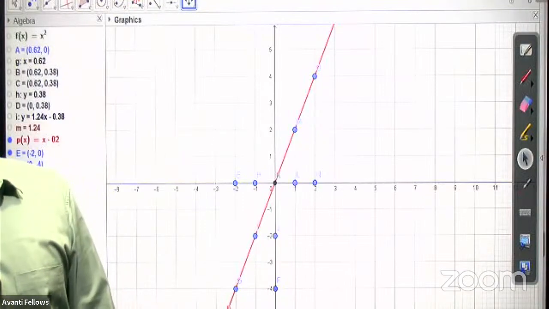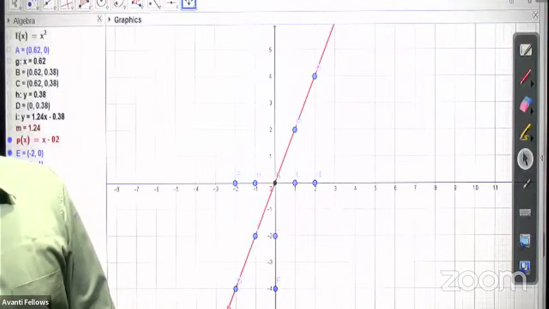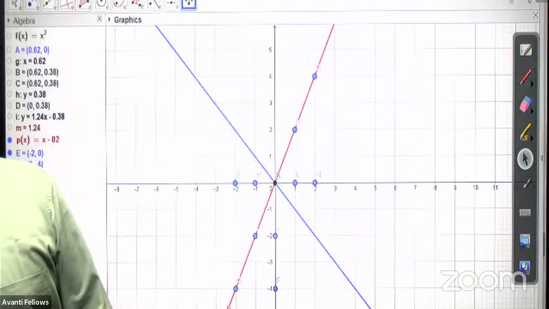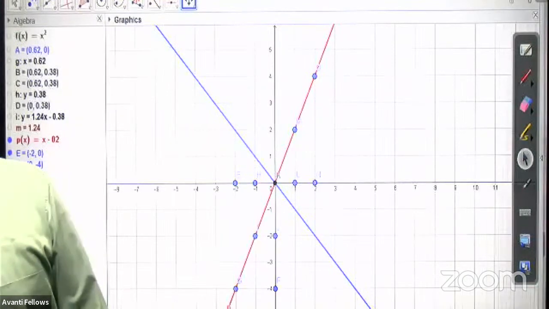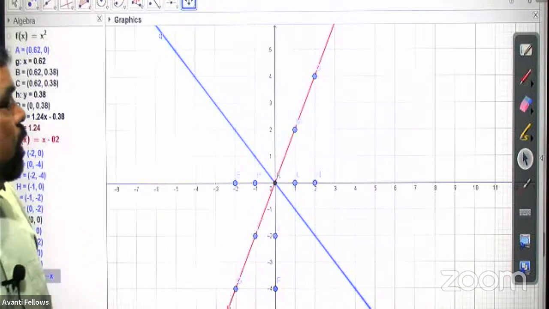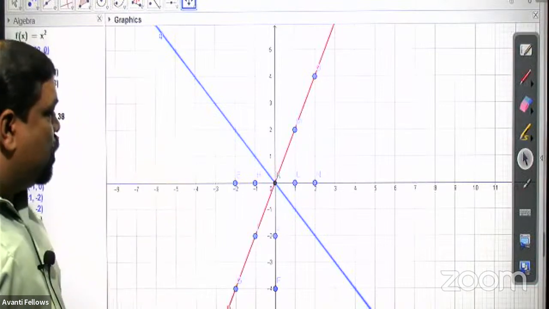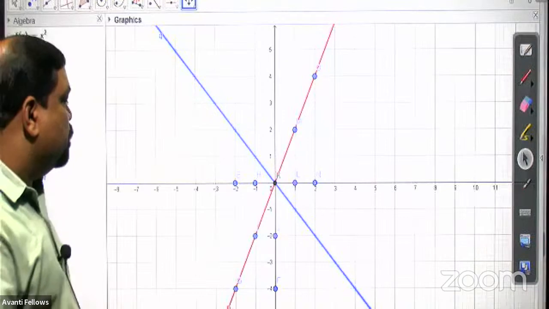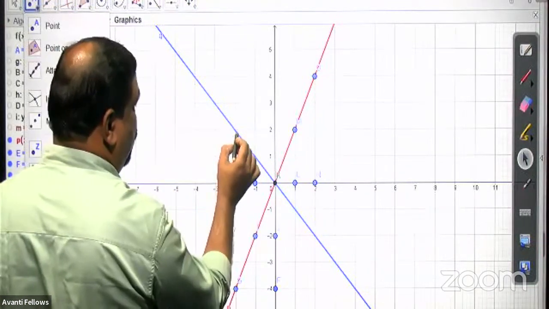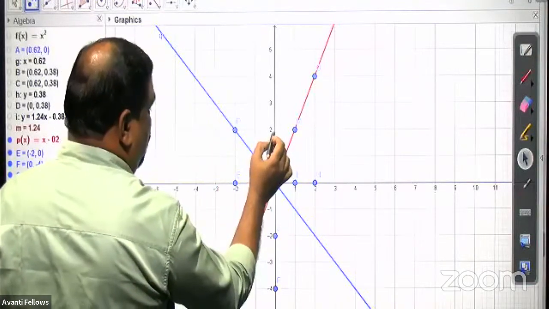Now let me take another function. You see the second line, this blue line. What we can observe? If I take x equal to -2, the corresponding function value is 2.